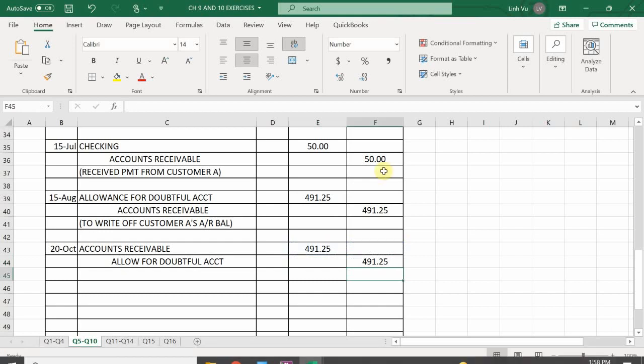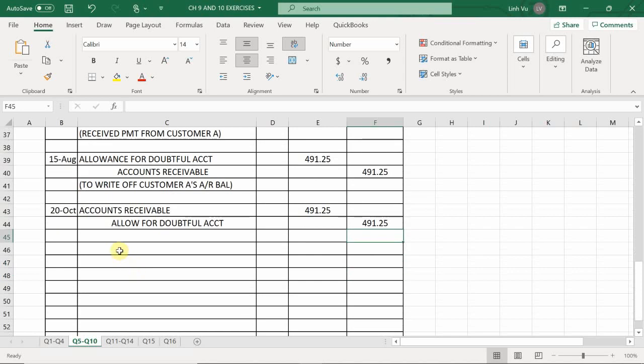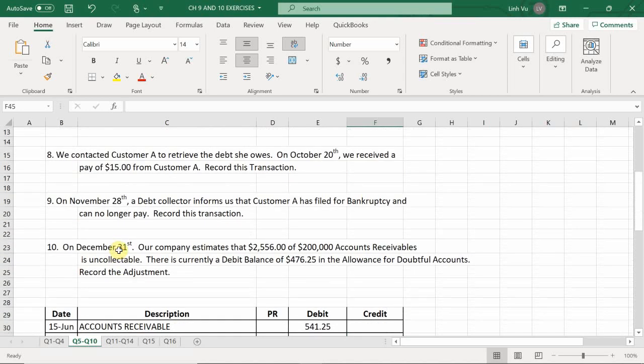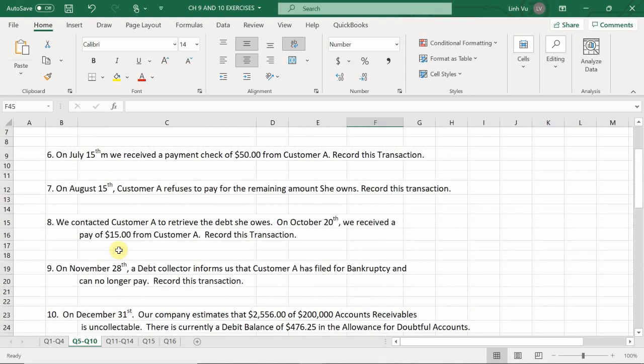All right, and then we can go ahead and record the payment because we received another check from customer A on October 20th for a total amount of $15.